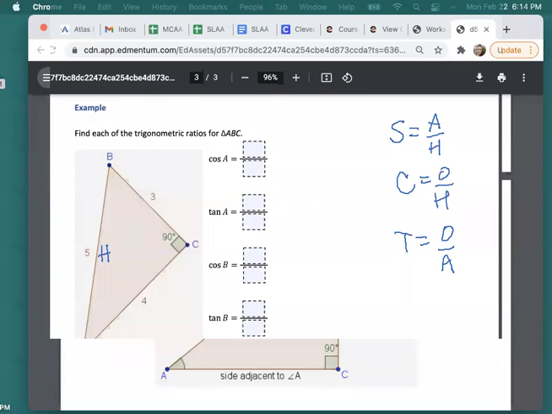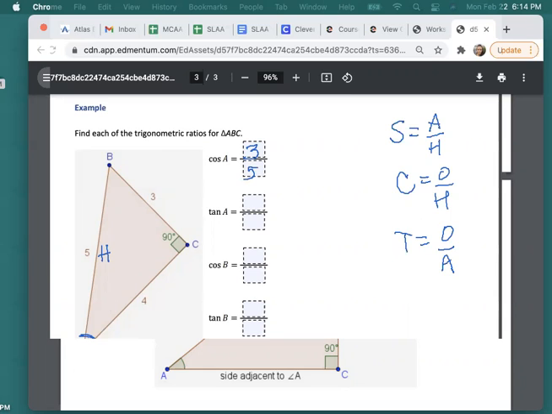Now, if we look at cosine of angle A, so here is angle A, right? And cosine is opposite over hypotenuse. So opposite of A is 3, and the hypotenuse is 5.